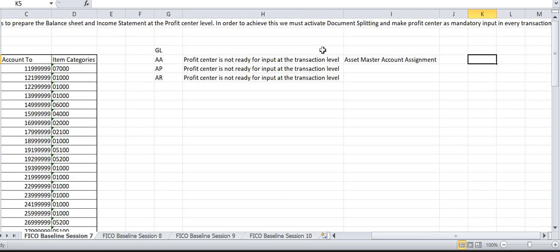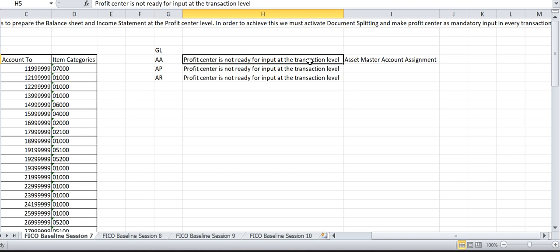While creating the asset master, we assign either the cost center or WBS element, and inside the cost center or WBS element master there is a profit center. So whenever we do any transaction for an asset, the asset master has a cost center, and inside that cost center we have a profit center. That is how the profit center will be captured from the asset master data inside the transaction.